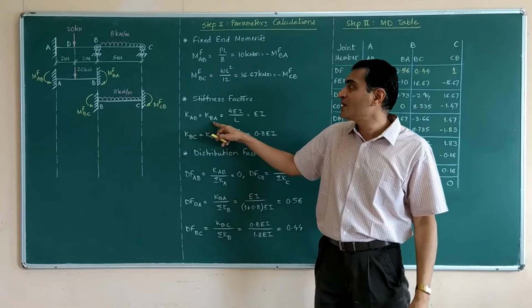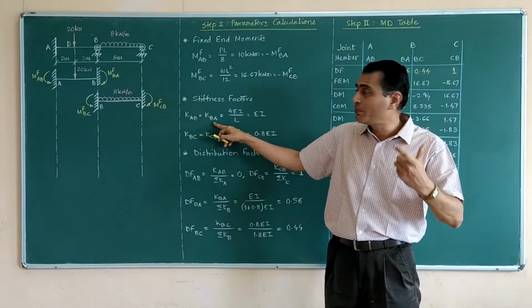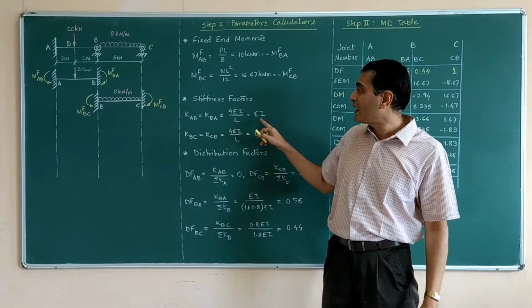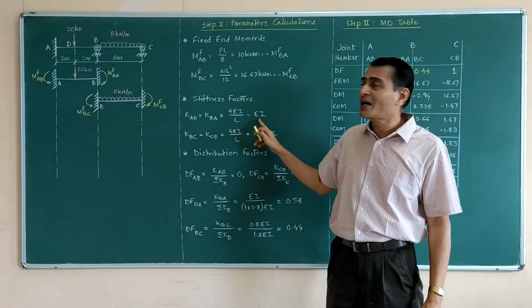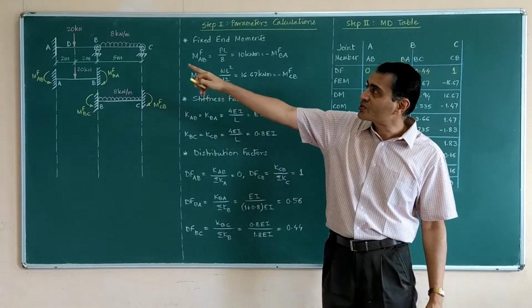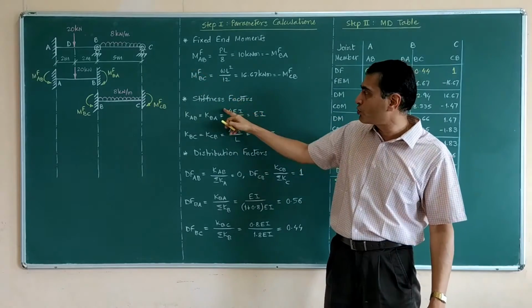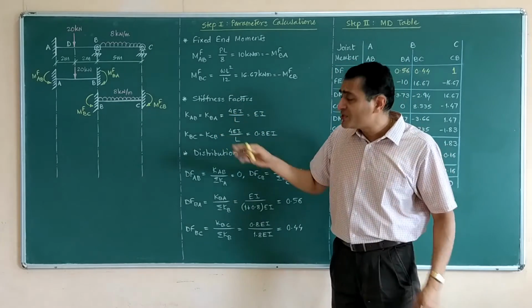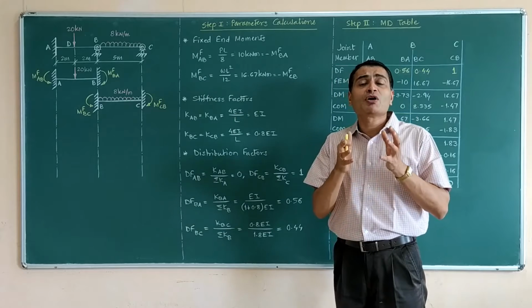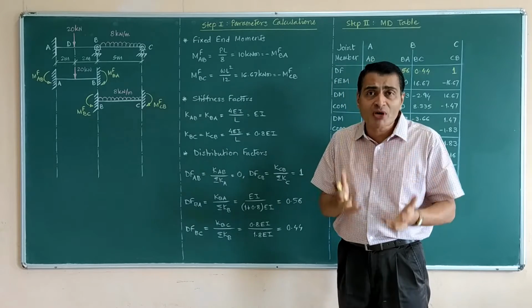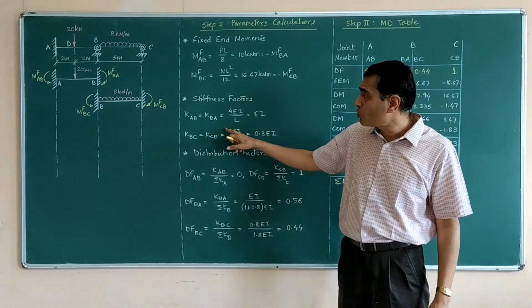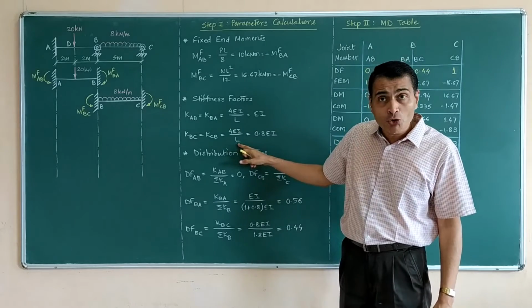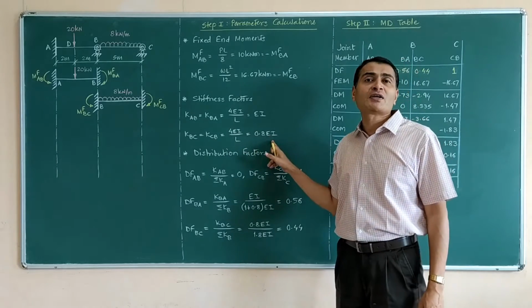So K of AB, K of BA, stiffness for a member is 4EI upon L, and that is 4EI over 4. The first span is 4 meters, so 4 will get cancelled. I get 1 EI. KBC, that is stiffness of member BC. Since the span is 5 meters, it's going to be 4 EI upon 5, which will be 0.8 times EI.